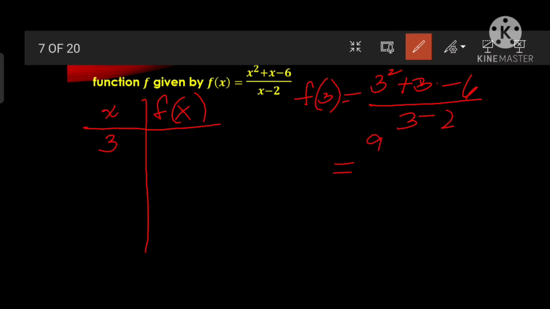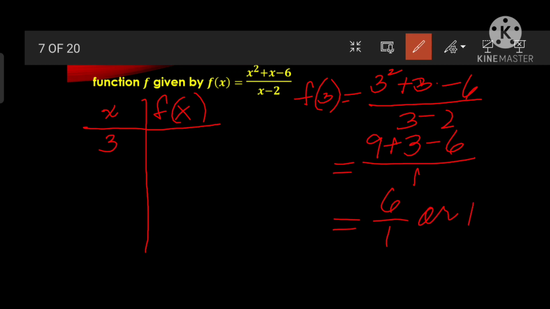So 3 squared is equal to 9 plus 3 minus 6 all over 3 minus 2 is 1. And 9 plus 3 is equal to 12 minus 6 is 6 over 1, which is equal to 6. So when x equals 3, our f of x is equal to 6.